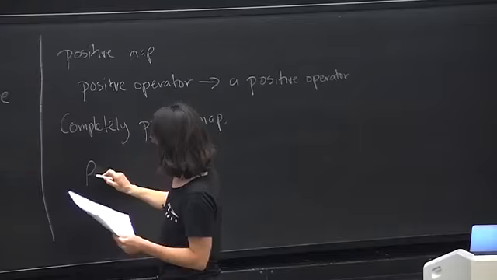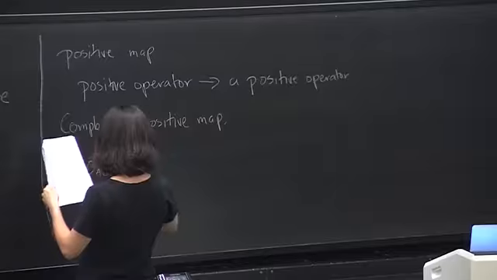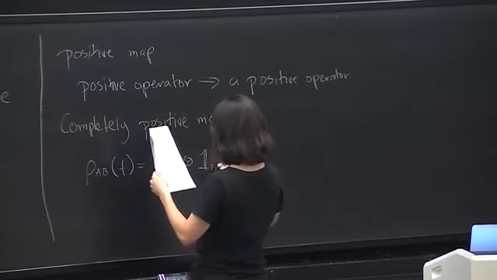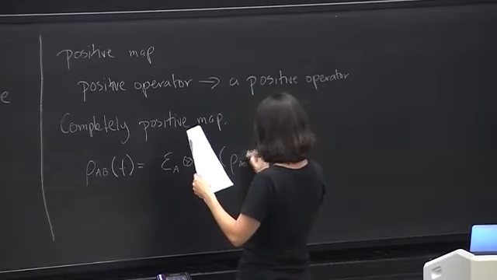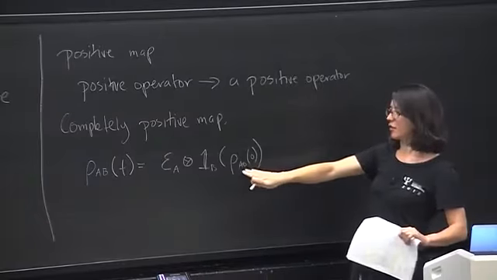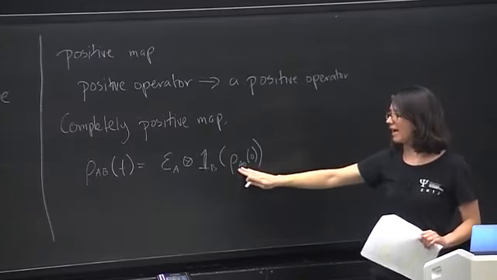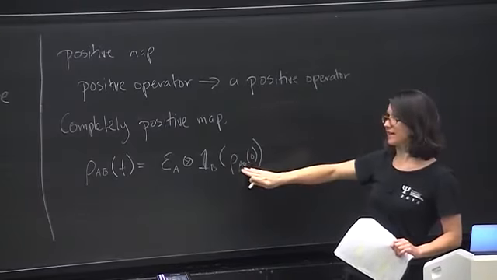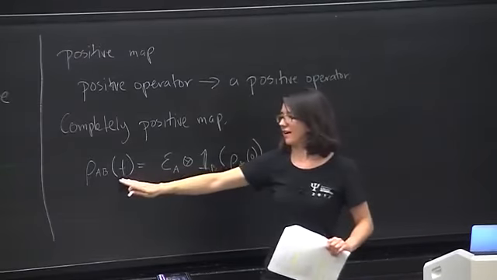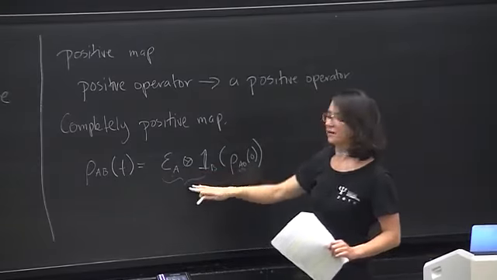Let me just write this down. So if I start with a composite system, which we haven't talked about yet, and I act the map on only one of those components, and this state is positive, and the thing that I get out at the end is positive, then that defines a completely positive map.